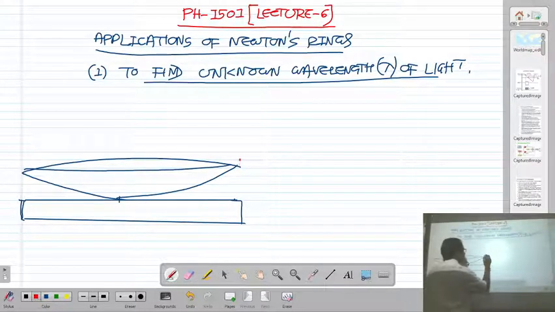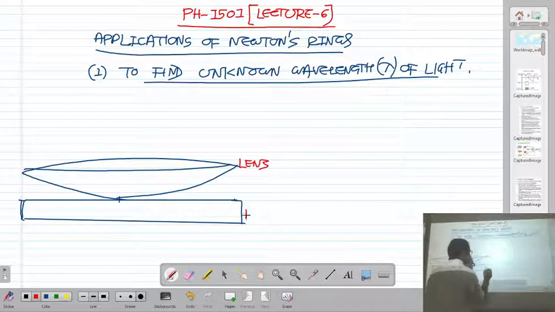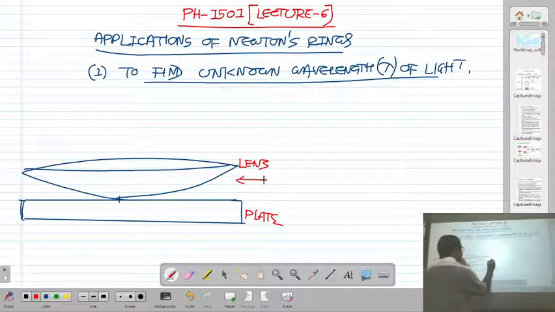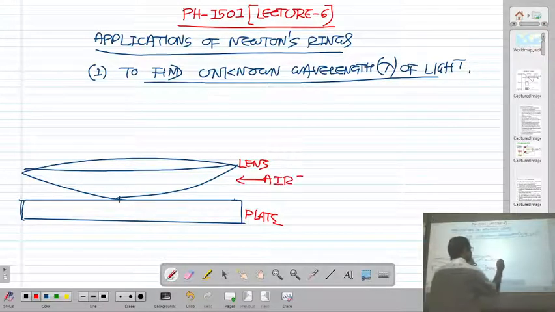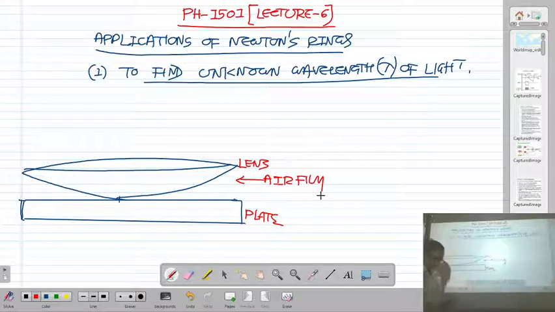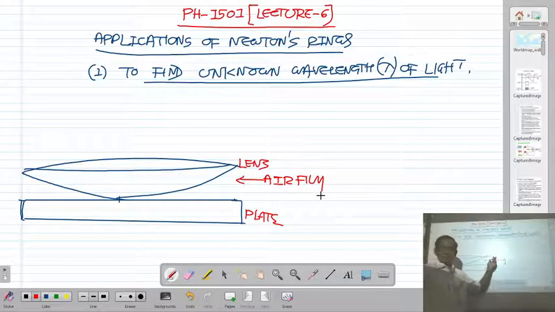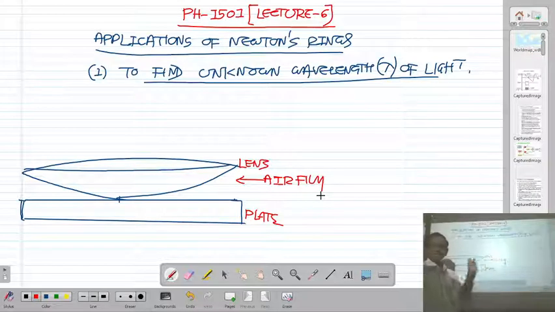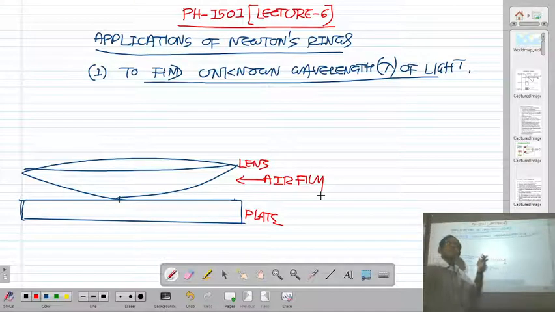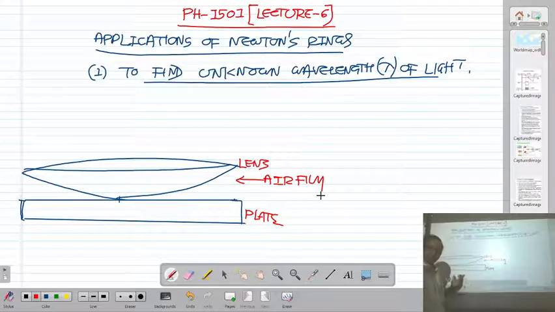This is a lens, this is a plane glass plate, and between lens and plate, a thin film of air is formed. You know very well, in Newton's rings experiment, we have a planar convex lens which is put on an optically plane parallel glass plate, so that a thin film of air is formed between lens and plate.